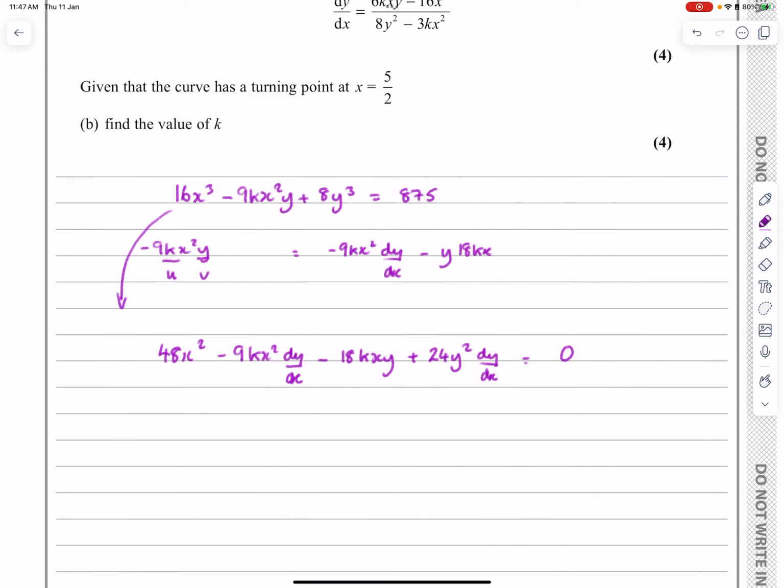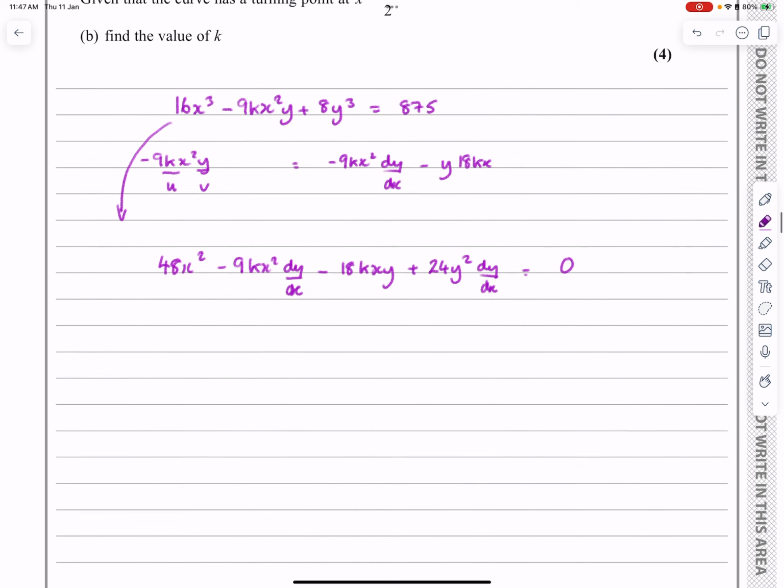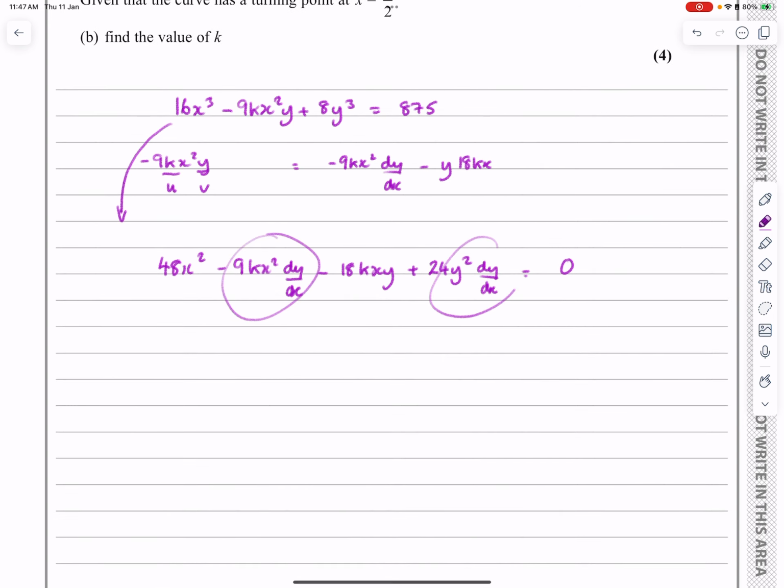So what we want to do now is to get the dy by dx's on one side, so these two need to go over to one side and leave everything else on the other side. So if I'm doing that, I'm going to have 48x squared minus 18kxy is equal to 9kx squared dy by dx minus 24y squared dy by dx.